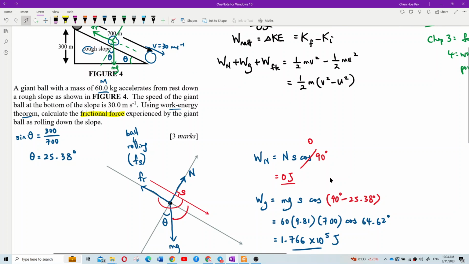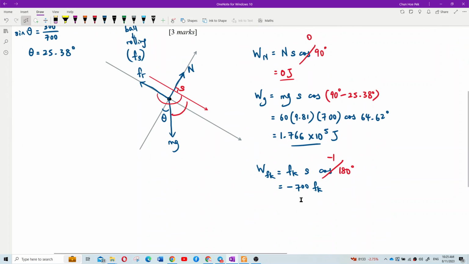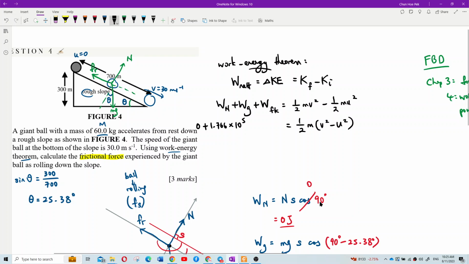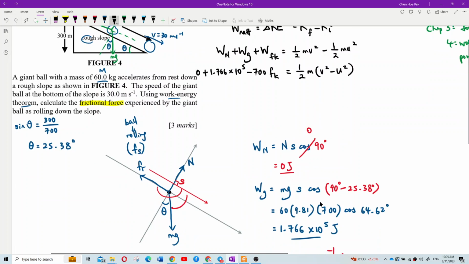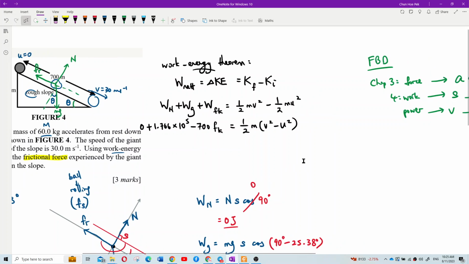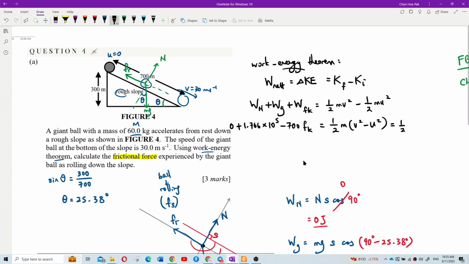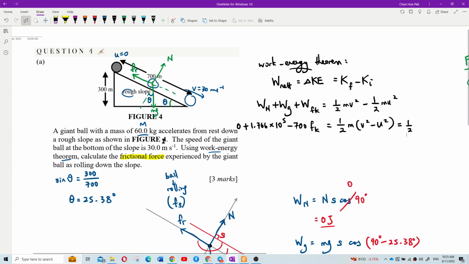0 plus 1.766 exponent 5 plus negative 700 friction. So this one, half mass. Mass is 60 kilogram.